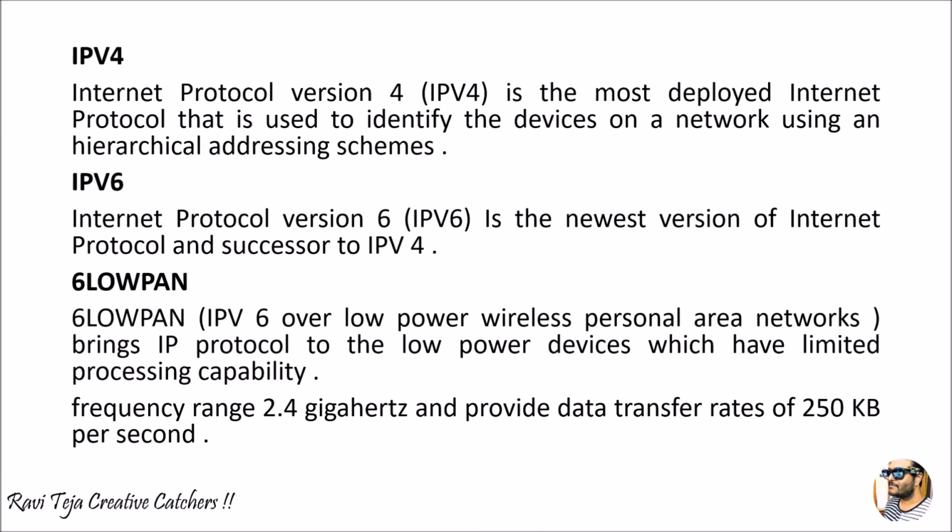Suppose a device has a frequency of 2.4 gigahertz and provides a data transfer rate of 250 kb per second. It's a very small device with a small range of frequency, connected over the internet and used for IoT applications. This is one of the protocols used for low power devices with less frequency and less data transfer.